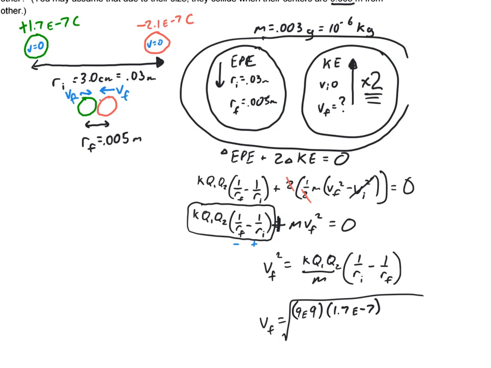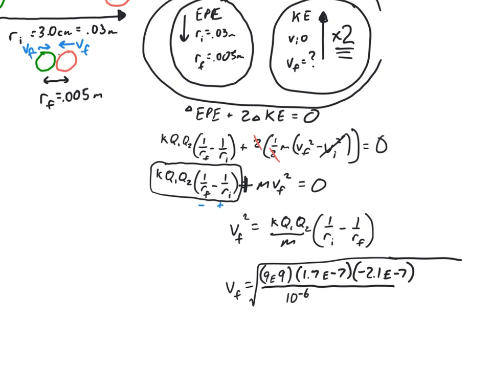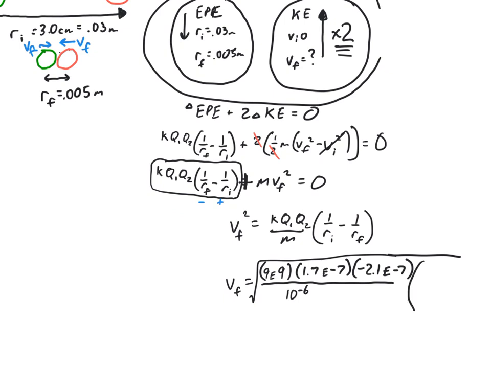Q2 is a negative number, negative 2.1e negative 7 coulombs, divided by the mass, which is 0.003 grams, or 6e negative 6 kilograms. And lastly, I need to get this r final minus r initial inverted in there. So the 1 over 0.03 minus 1 over 0.005.